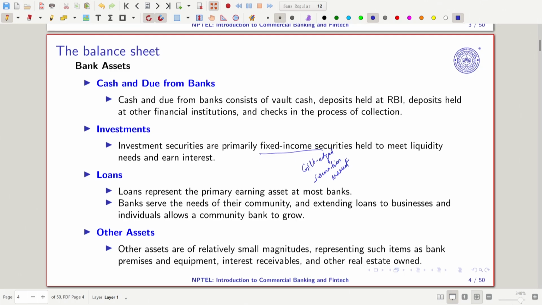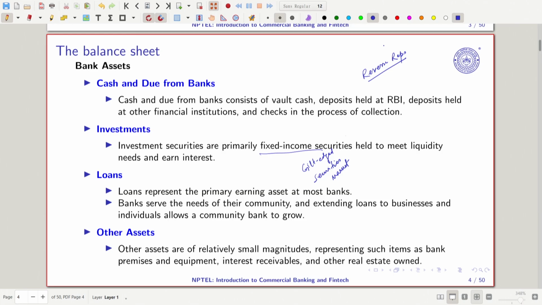So investments here are normally fixed income securities, on which they earn a rate of interest. We know this through the reverse repo. If you remember, we discussed the reverse repo. If the banks are going to keep money with the RBI, they also have to have the collateral.